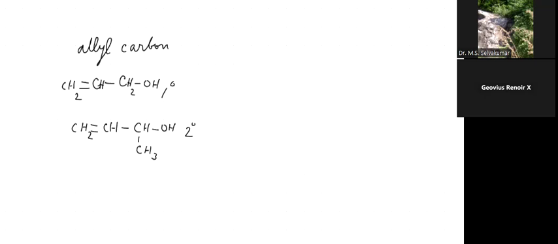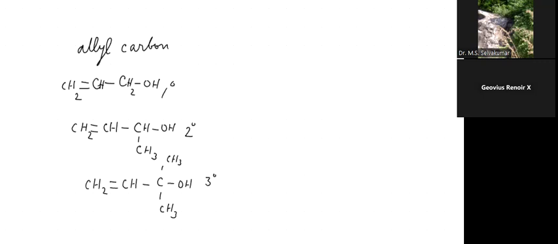Even in the allyl group, tertiary alcohol is also possible, which is CH2 double bond CH, single bond, with one CH3 attached here, another CH3 attached here, and then OH is attached. This is a tertiary alcohol in the allyl group.